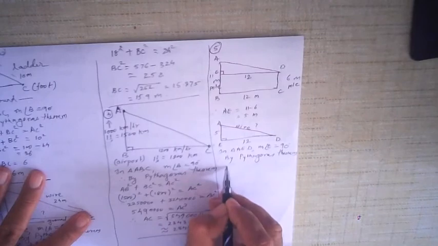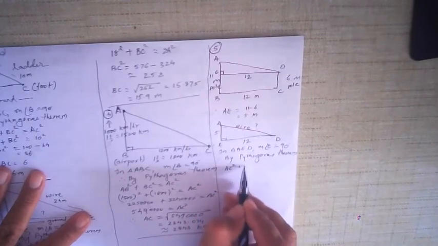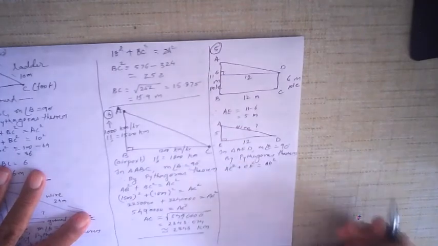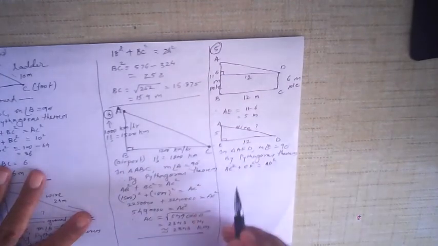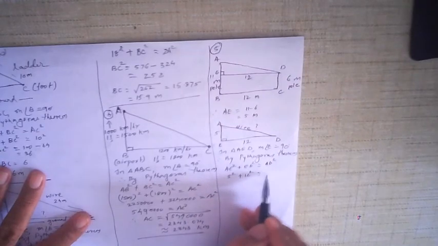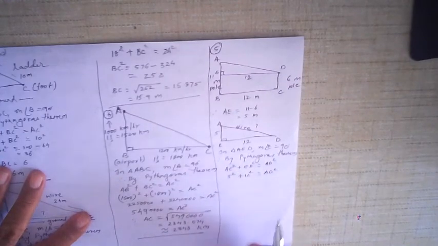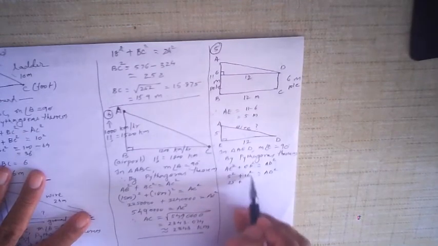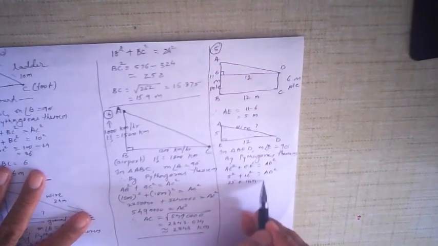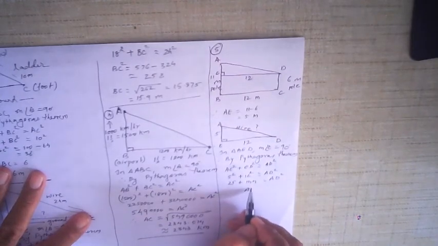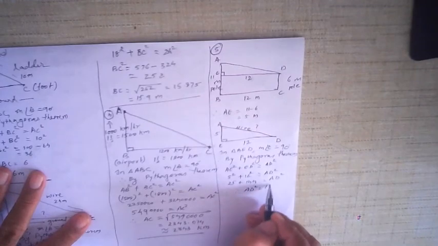AE square plus ED square is equal to AD square. AE square is 5 square, ED square is 12 square. 5 square is 25, 12 square is 144, is equal to AD square, and therefore AD square is equal to 169.